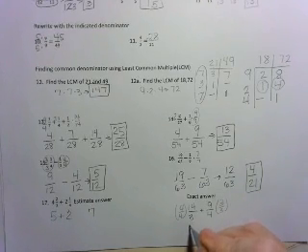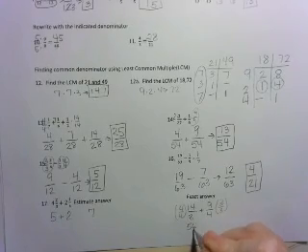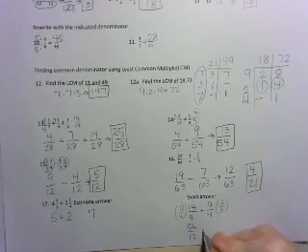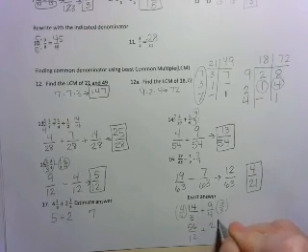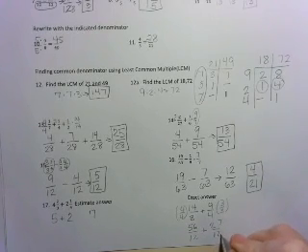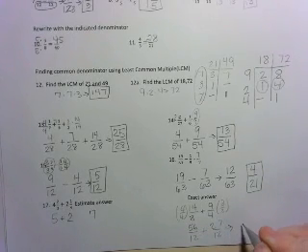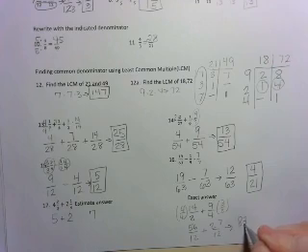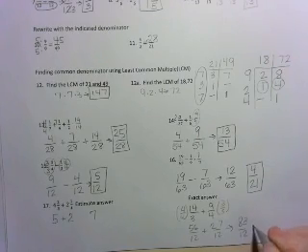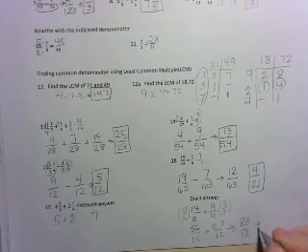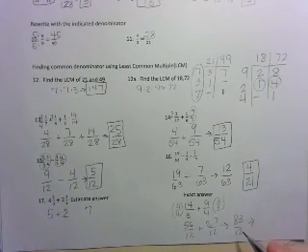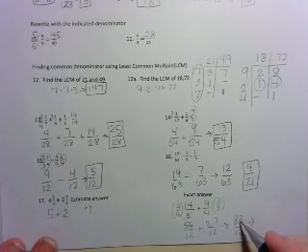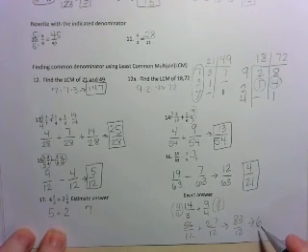So I end up with 56 over 12 plus 27 over 12. Add those two together, I get 83 over 12. 12 goes into 83 6 times with 11 left over.